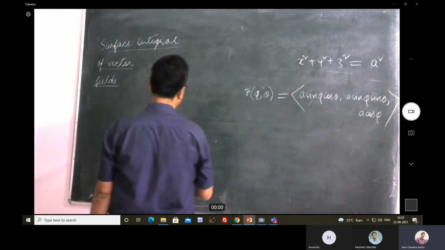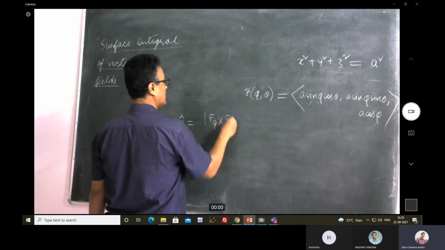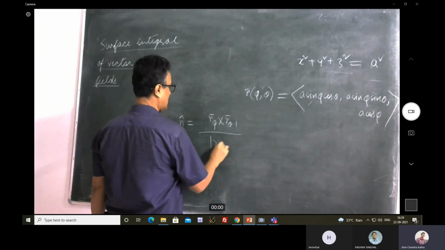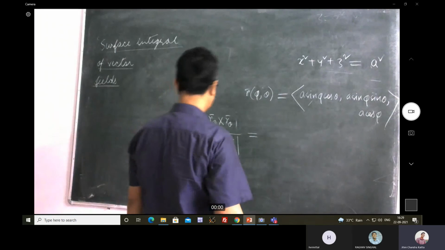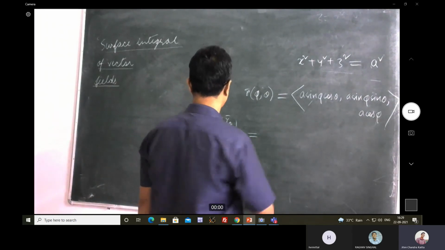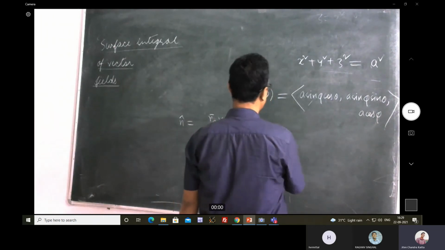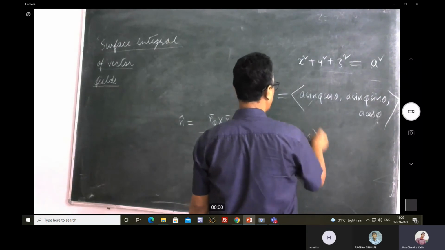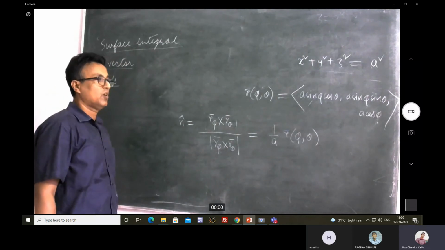If you consider the unit normal from this, I am leaving it as homework, you can easily do it. It will come out as simply 1 by a times r, some scalar multiple of that.